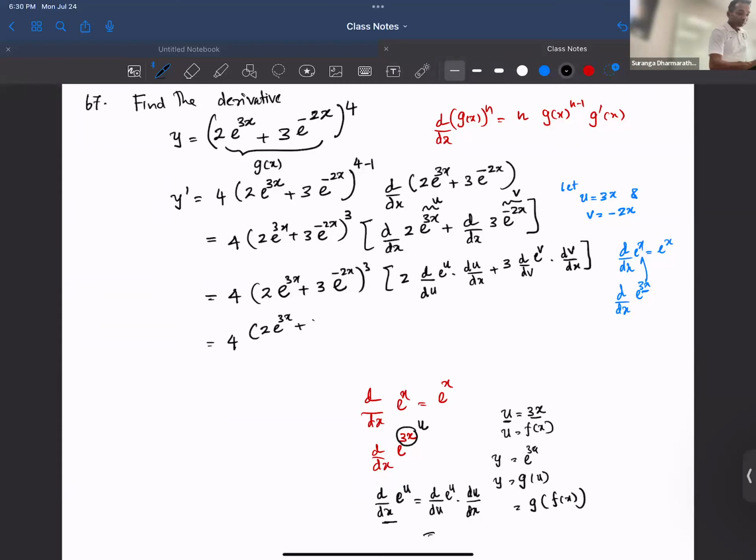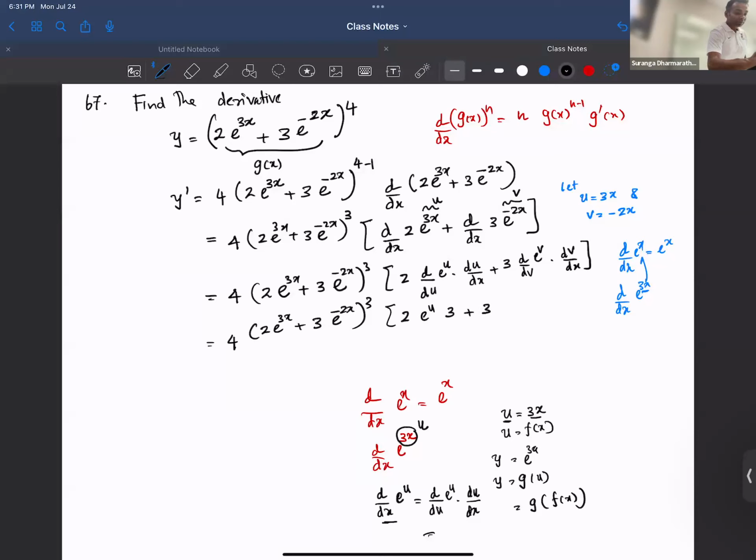y equals (2e^(3x) + 3e^(-2x))^3. This is 2e to the power u plus 3 times e to the power v, and du over dx is 3, right?